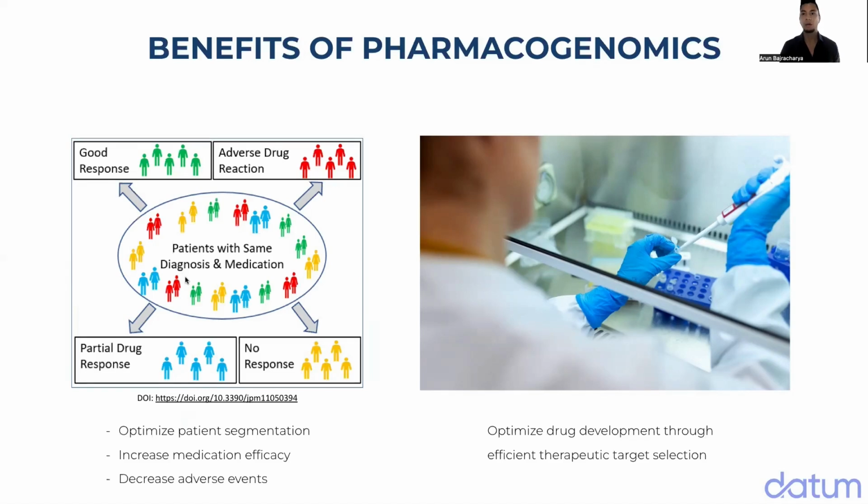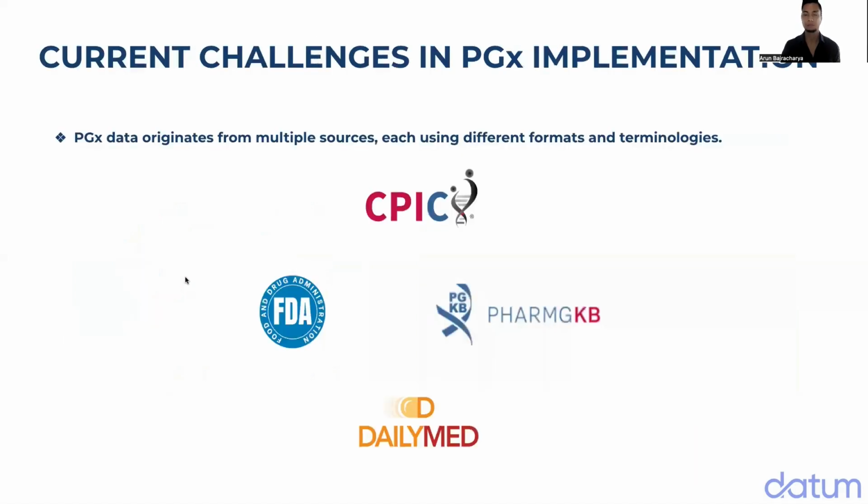PGX helps predict how a patient will respond to a medication, minimizing the risk of adverse reactions. Pharmacogenomics is also a key component in the broader field of precision medicine, helping to move healthcare toward more personalized, data-driven decision-making that benefits both patients and healthcare providers.